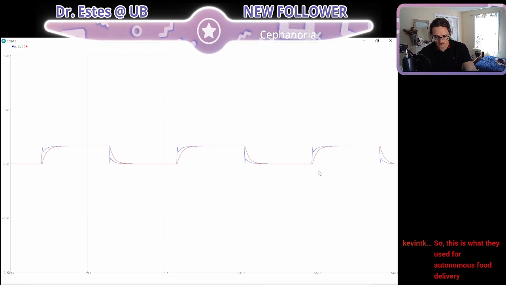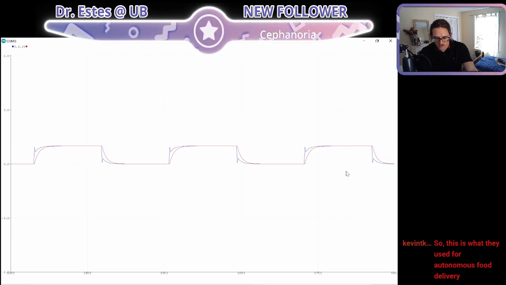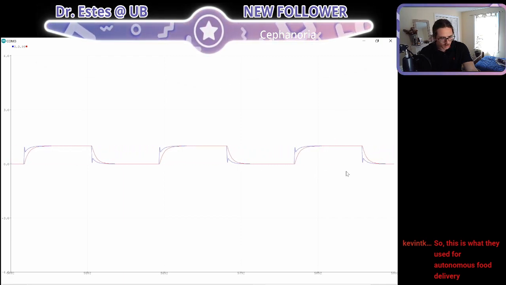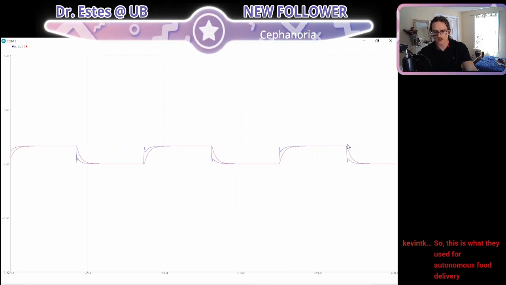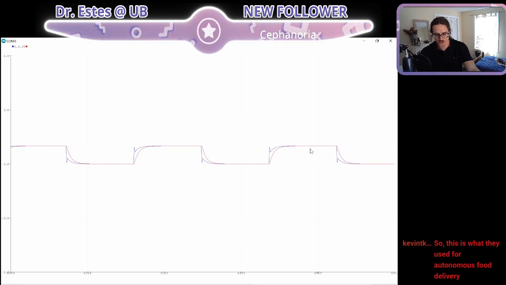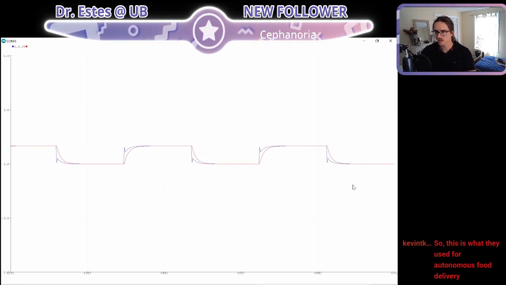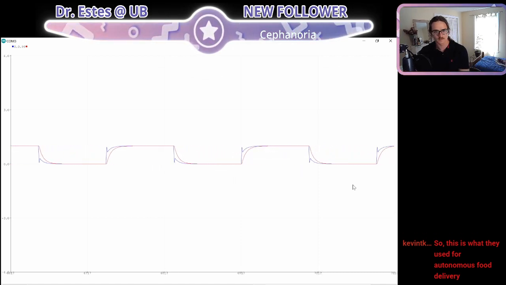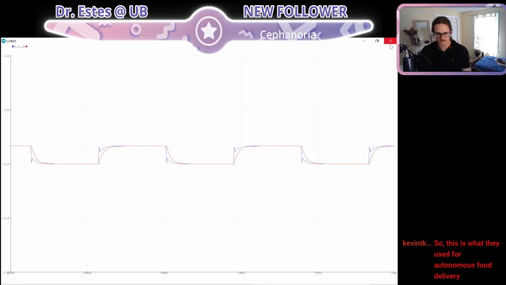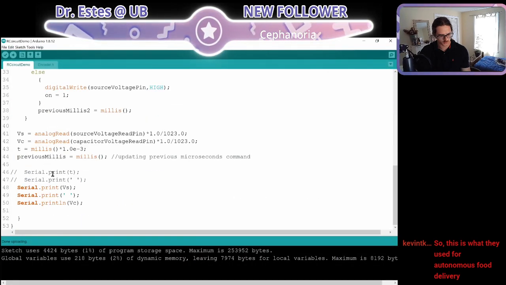But the red is the voltage across the capacitor. And we predicted that it charges or discharges in a little over 1/10 of a second, I believe. So let's record some numbers.